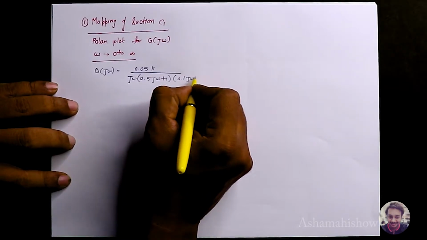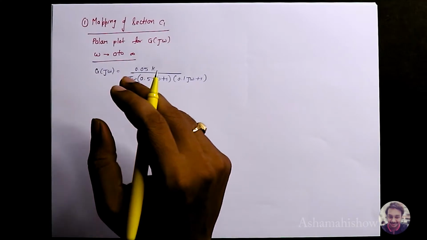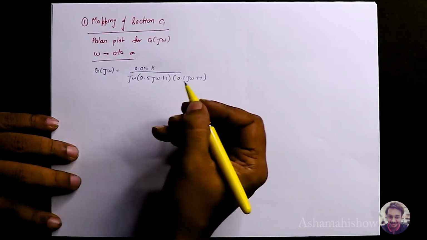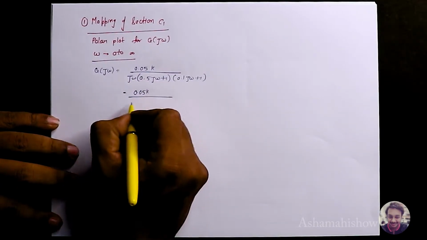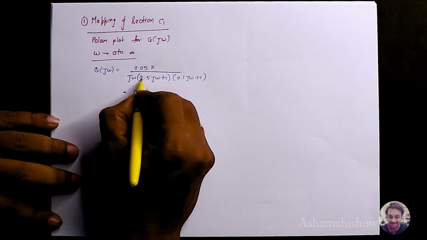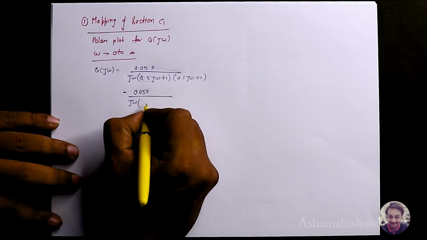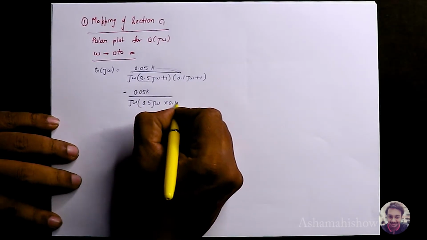So this is the equation we got when we kept it in the form of 1 plus st, and we replace s with j omega. Okay, now solve it. How to solve? You keep this one as it is, 0.05, and just do a normal multiplication of both these. Anyway, I'll tell you.